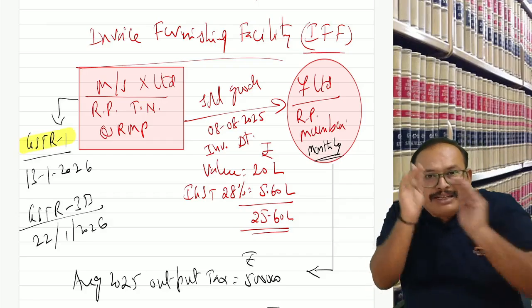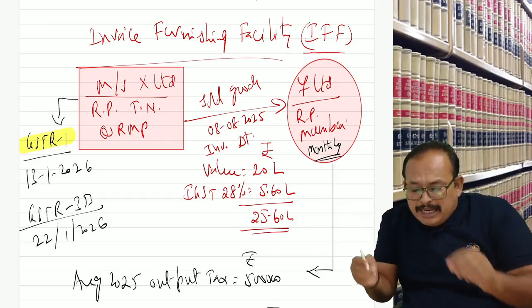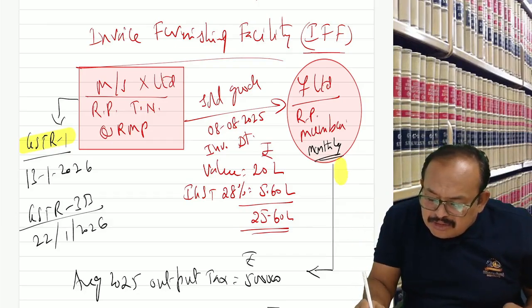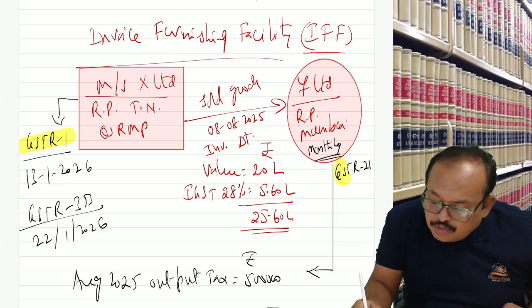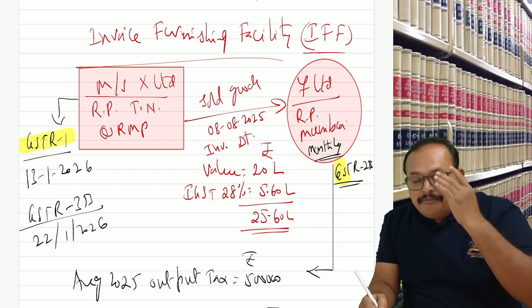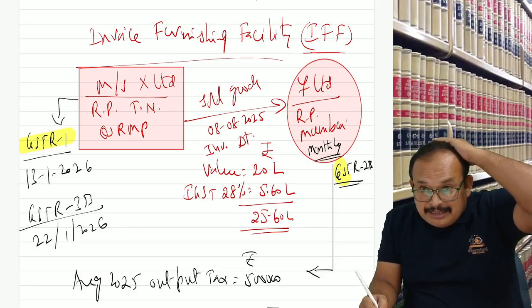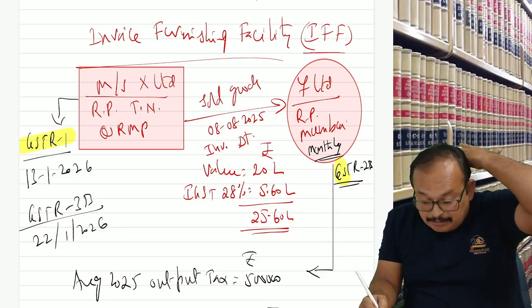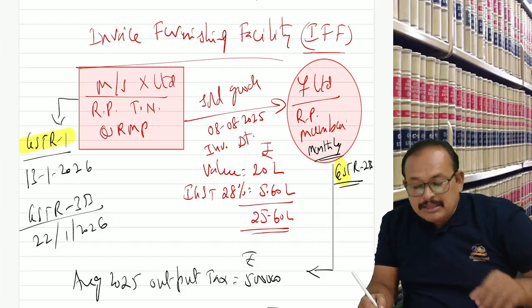Now, the GSTR-1 return submitted by the supplier auto-populates in his books as GSTR-2B. Is that clear, Raja? But when is he going to get the GSTR-2B? See, 13 January.